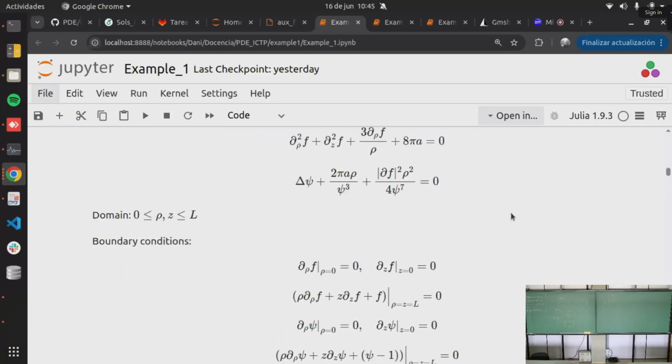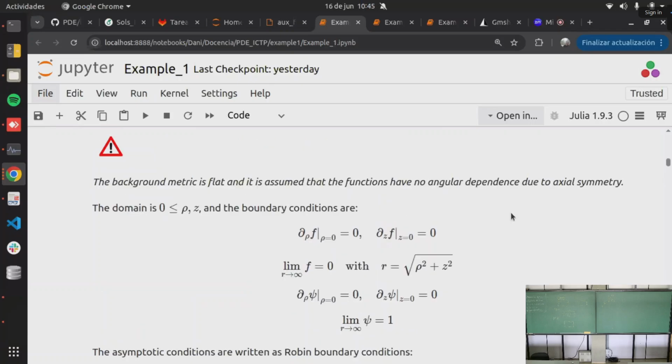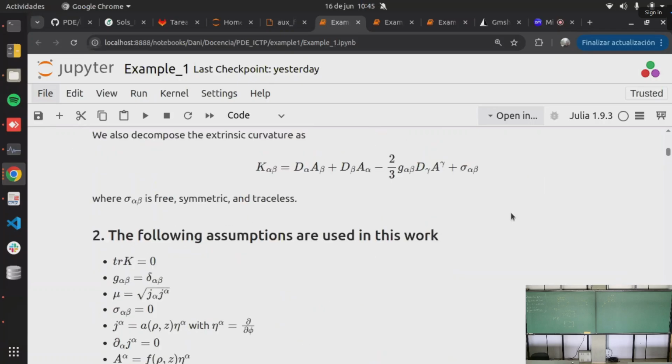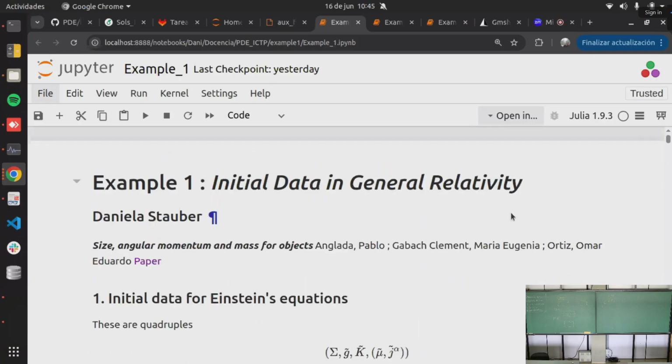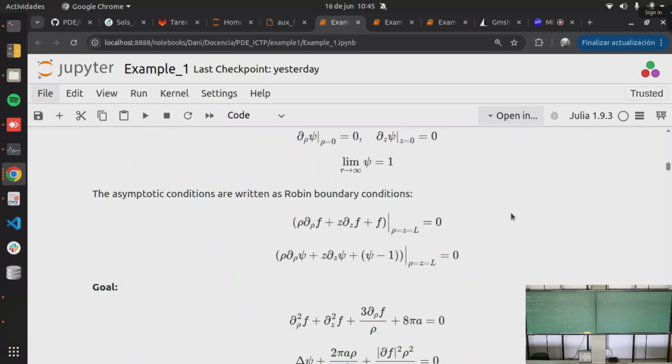Any questions about example one? Oscar, maybe. Oh, did you compute the Jacobian yourself, right? Yeah.